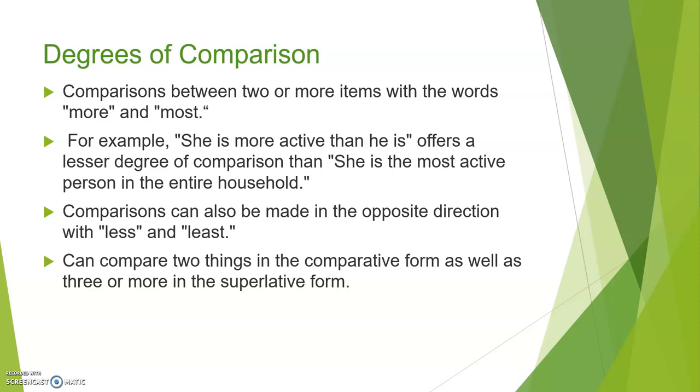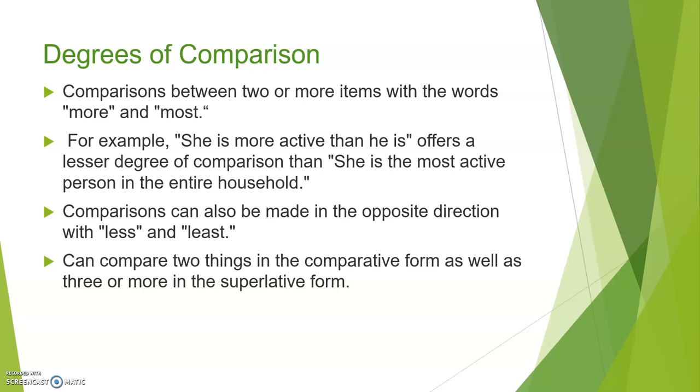So in both these sentences, the second sentence has the higher degree of comparison compared with the first sentence. So in the sentences for comparison, the words more and most are used.